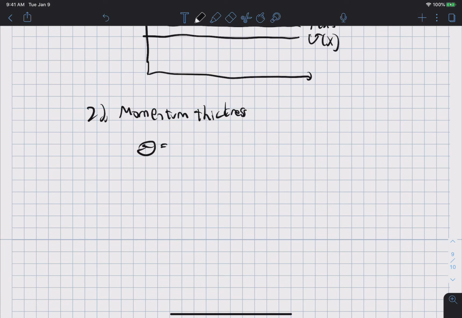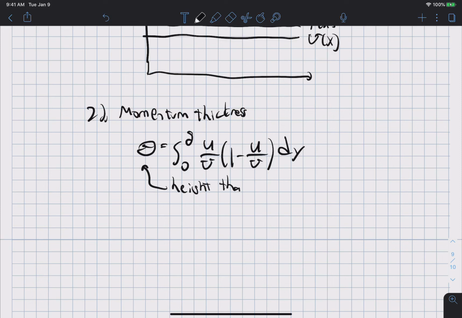That's defined as theta, and that goes from 0 to delta. And that's the integral of small u over capital U times 1 minus small u over capital U dy. And theta is the height that accounts for the deficit in momentum from the free stream.